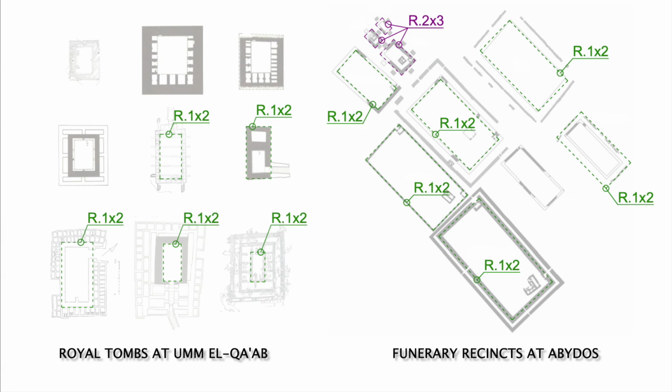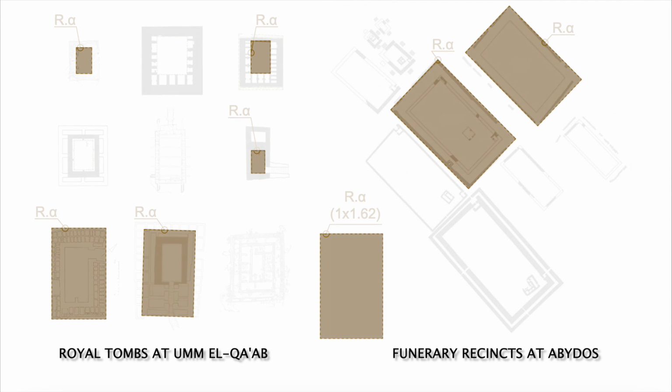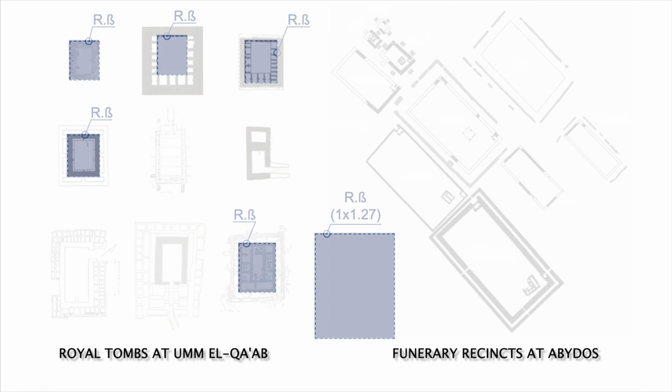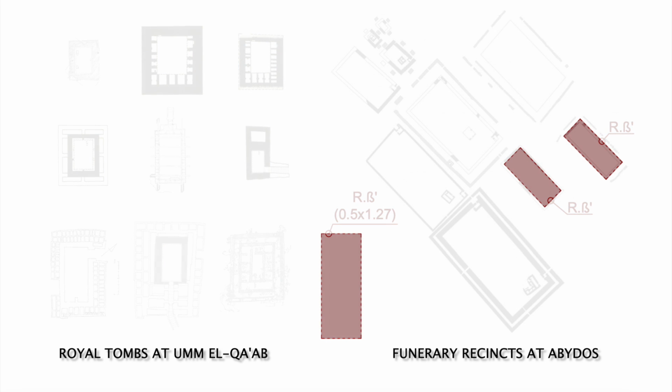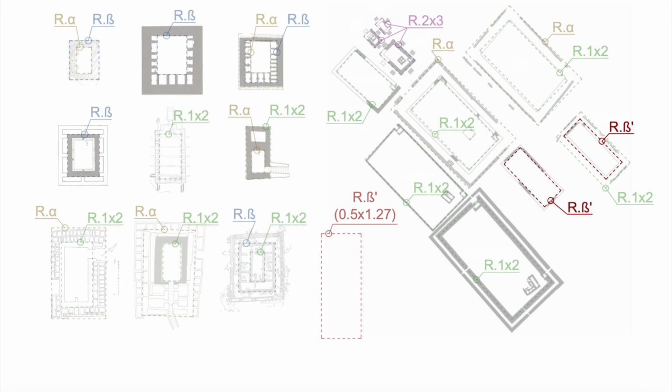However, the proportions of some of these constructions respond to three very singular rectangles. Henceforth, the alpha rectangle of 1:1.62 width-length proportions, beta rectangle of 1:1.27 proportions, and beta prime rectangle of 0.5 by 1.27 proportions, which is simply the half length of beta rectangle.